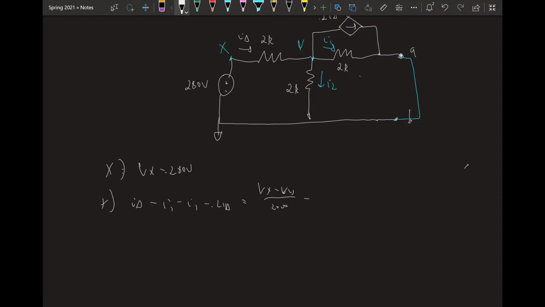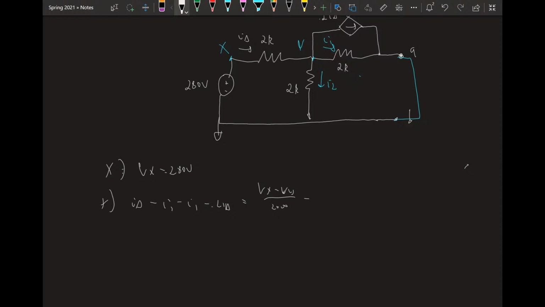In reality, these three things are in parallel. It doesn't really matter if we're talking no voltage, but they are all in parallel. And then minus 0.2 I delta, and I delta is Vx minus Vy over 2000. And we don't need to solve for node A because node A is ground.